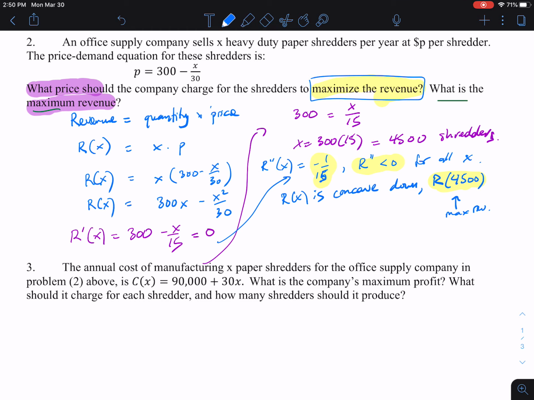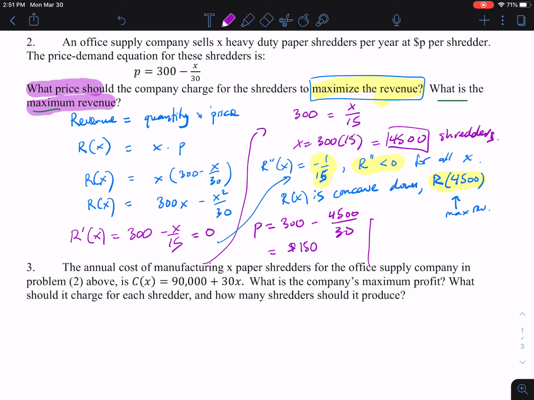To do that, we take the number of shredders that we found that yields maximum revenue and plug that into the price demand equation. So 4,500 over 30, and what would that be? 150. Is that price 150 per shredder? So the price should be 150 per shredder.